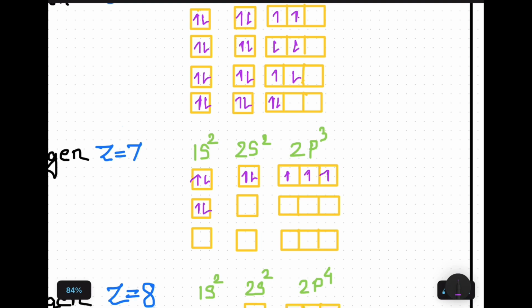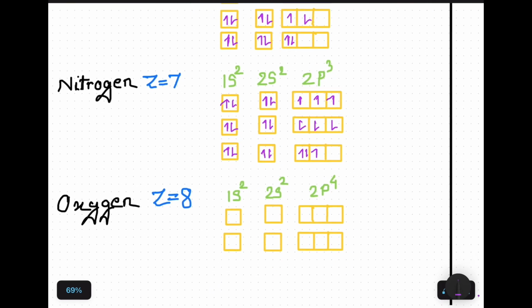And you can see all the electrons are in the upward direction. They have up spin, or they can also have down spin. But the electrons will not fill in this way, meaning they will not pair up unless there is an empty orbital or all the orbitals get filled with 1 electron each.